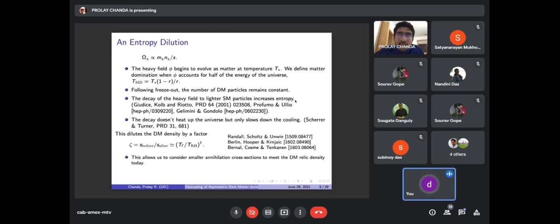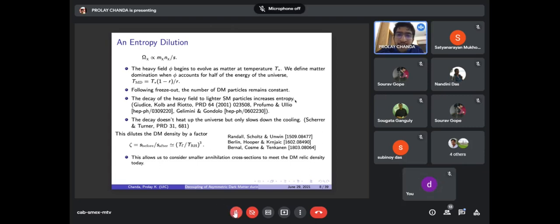Is it related to the reheat temperature or something? Because if you can infinitely dilute anything, you would get larger and larger masses. So can you somehow constrain the entropy dilution?